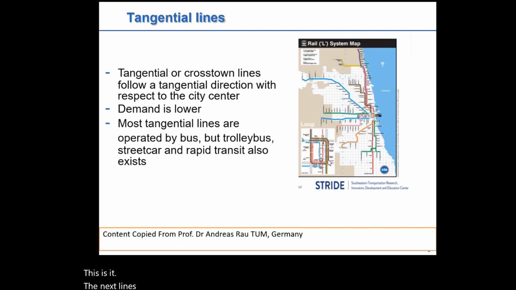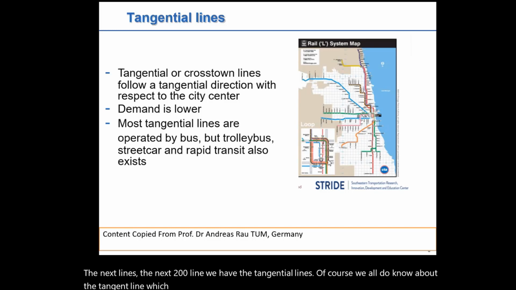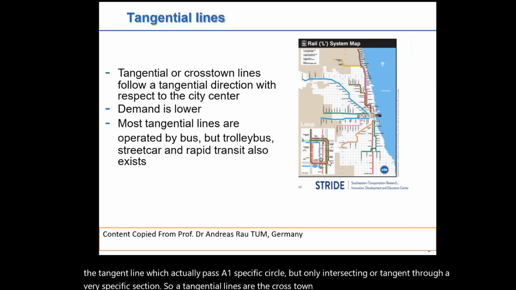The next transit line we have is the tangential lines. Of course, we all know about the tangent line, which passes a specific circle, but only intersects it at a very specific section. So tangential lines or crosstown lines follow the tangential direction with respect to the city center.